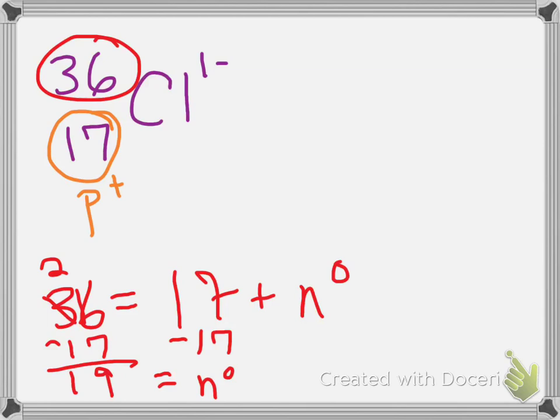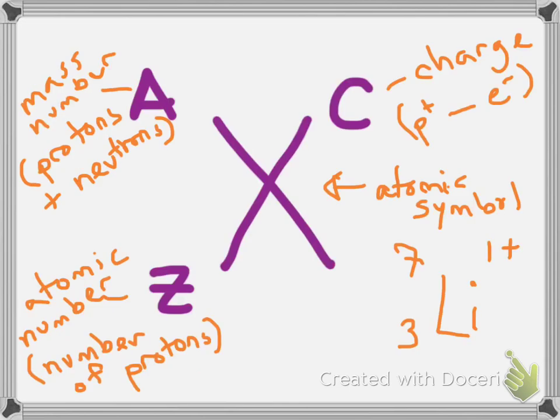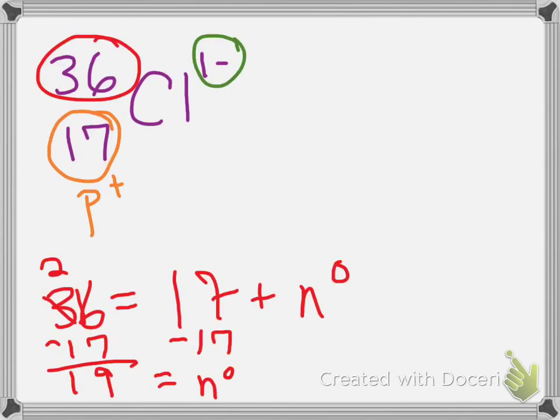And then the number of electrons, that's based off of the charge. So if my charge is -1, recall, charge is the protons minus electrons. So I would have -1 equals protons, which is my 17, minus electrons. So I'm going to subtract 17 from both sides.